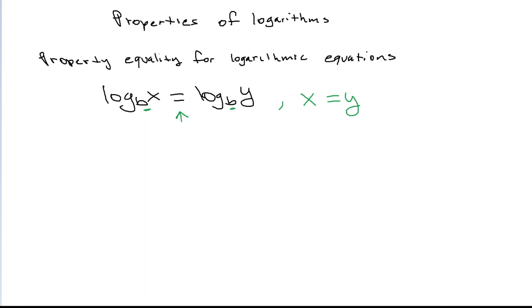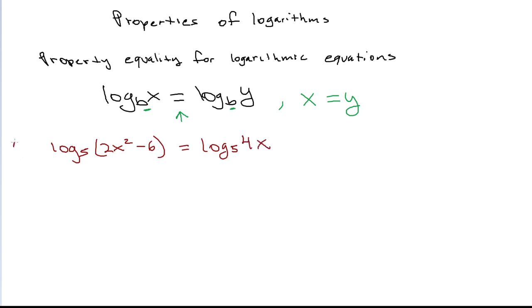All right, so another example is log base 5 of 2x squared minus 6 is equal to log base 5 of 4x.